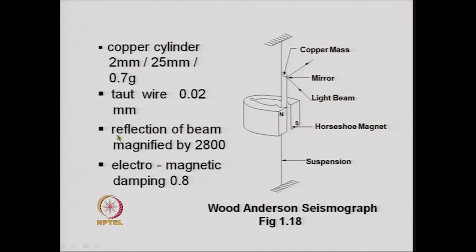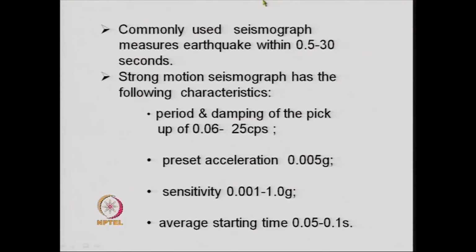The reflection of the beam is magnified by 2800 times, and this magnet provides a damping of 0.8. Commonly used seismograph measures earthquake within 0.5 to 30 seconds.